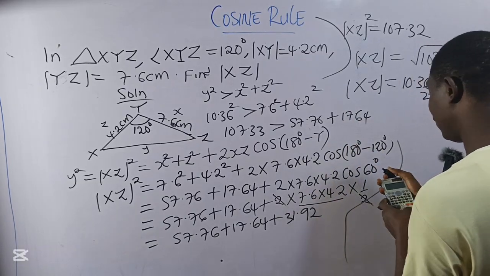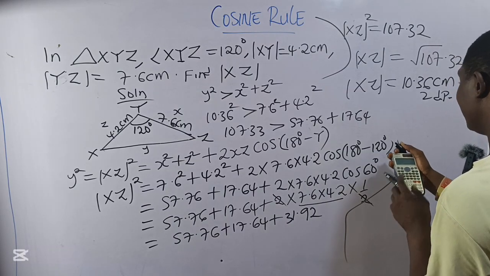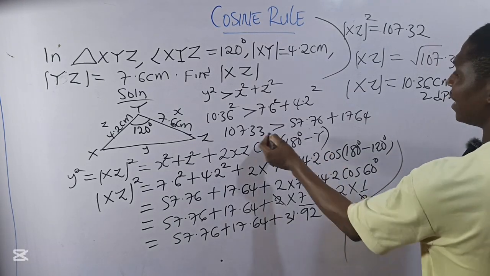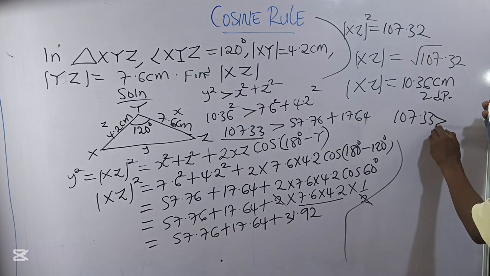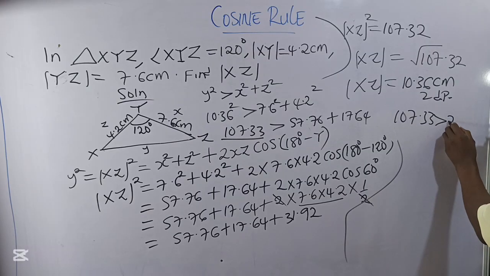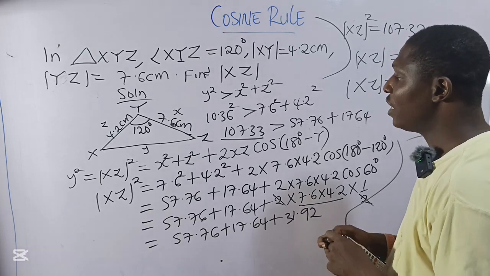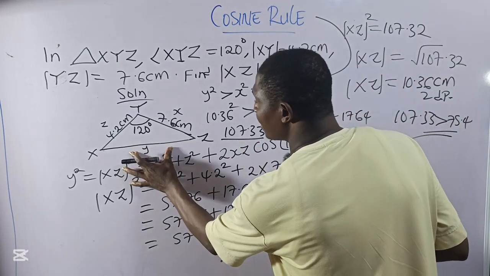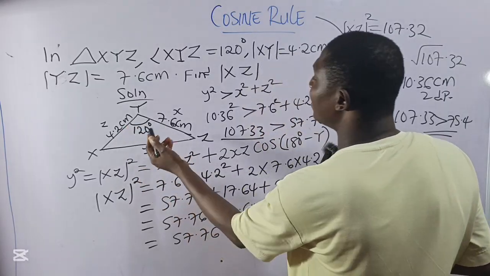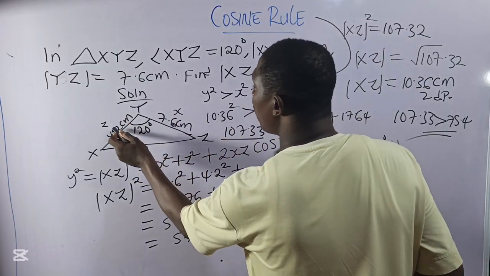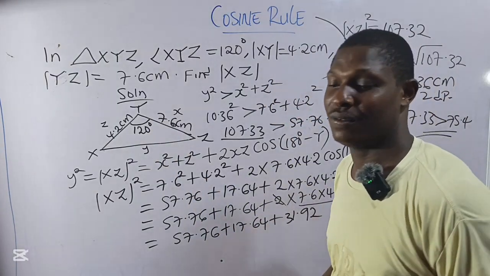So 17.64 plus 57.76 gives me 75.4. And you see that 107.33 is still greater than the sum of these two after squaring. So for any obtuse angle, the longest side, the side facing the longest angle, its square must be greater than the sum of the squares of the two other sides. So take note, and this is my answer.